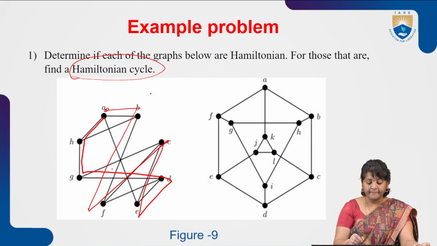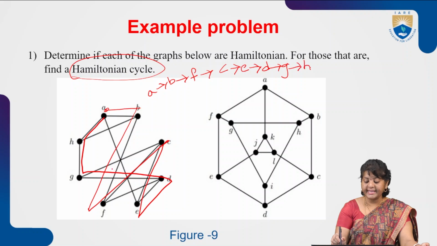First possibility: A to B, B to F, F to C, C to E, E to D, D to G, G to H, H to A.